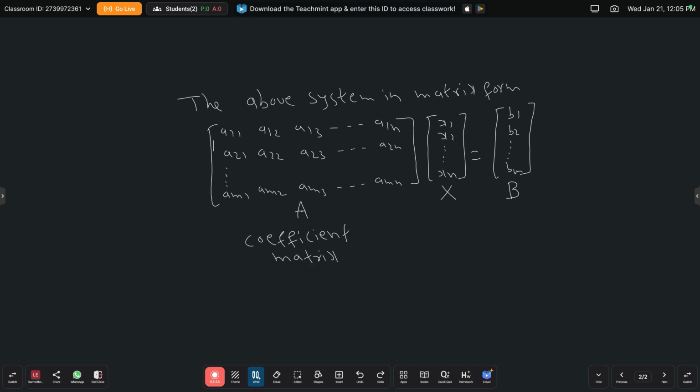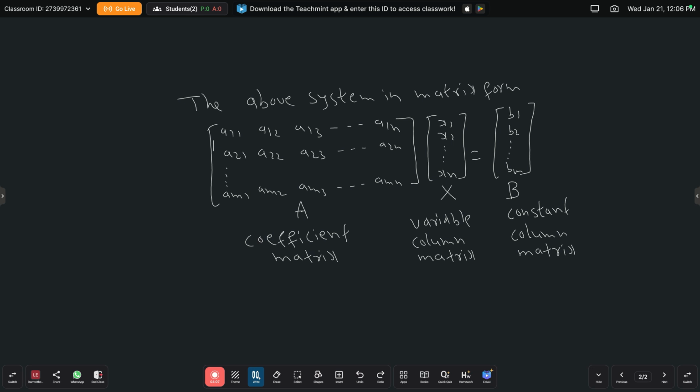The variables are denoted with capital X; X is called the variable matrix. As it is a column matrix, you may say it is a variable column matrix. The constants on the right hand side are written as capital B and this is known as the constant column matrix.